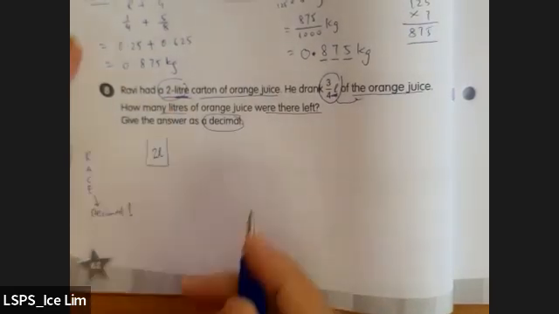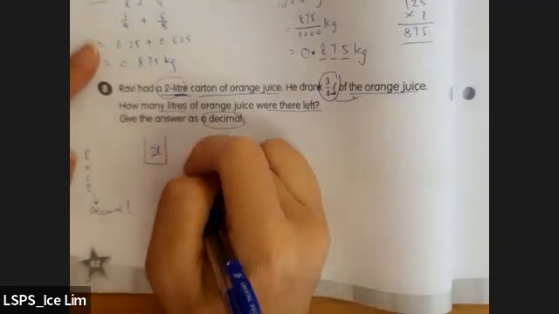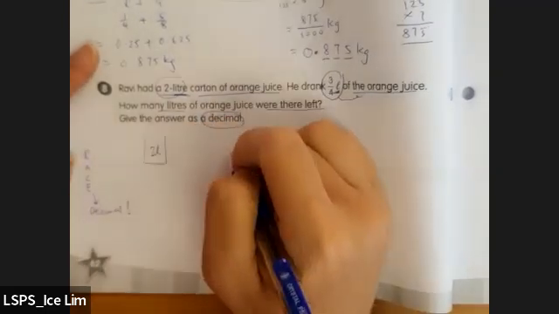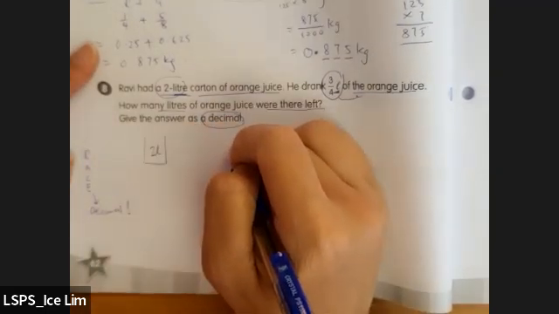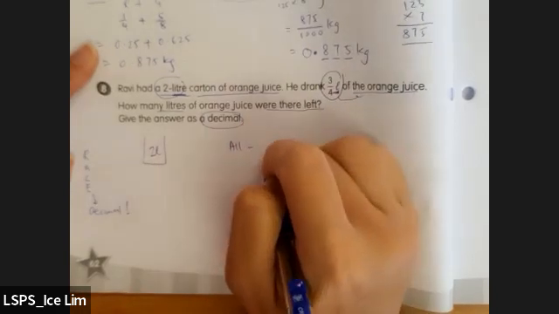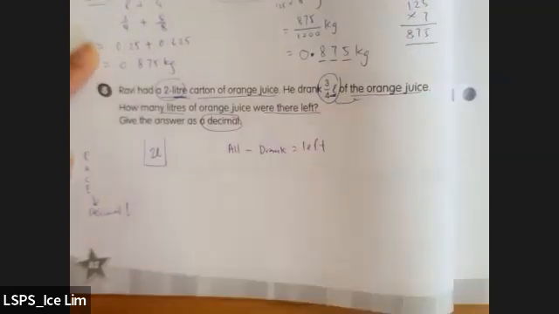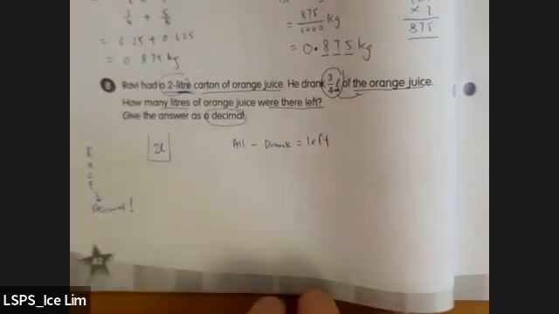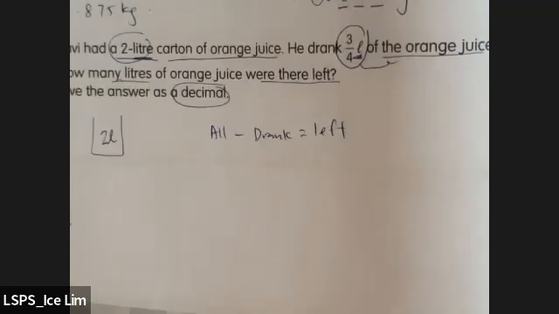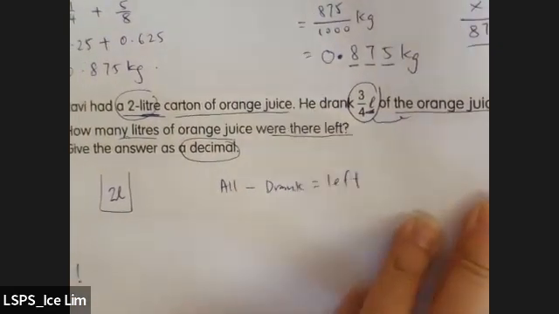So in other words, the amount that he has minus what he drank will give you less. Does this equation make sense? All the orange juice minus the bit that he drank, you'll get what he left.